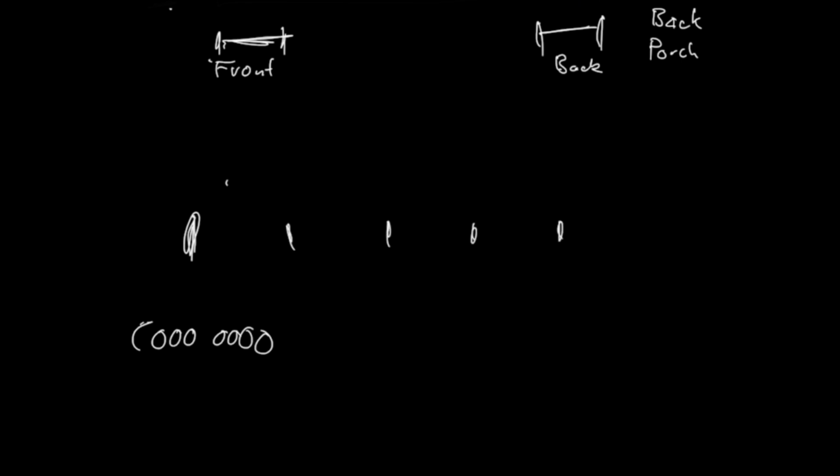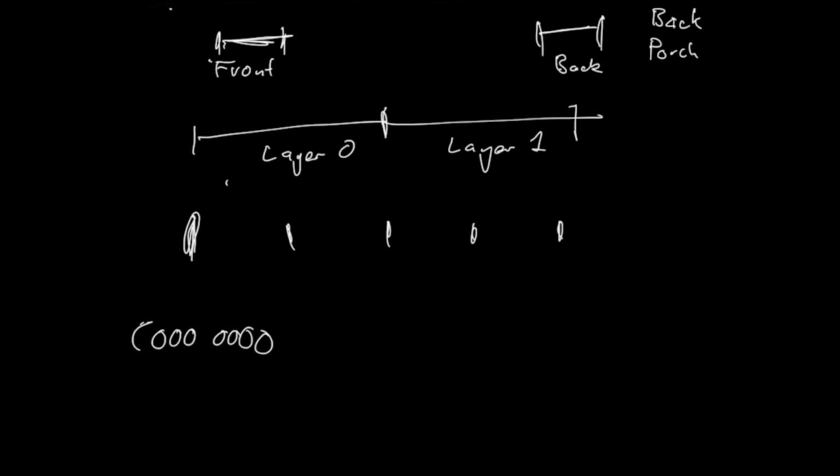So this to here will be layer 0. This 2 will be layer 1. And then we'll have buffer 0 and 1 for that layer, and buffer 0 and 1 for that layer.